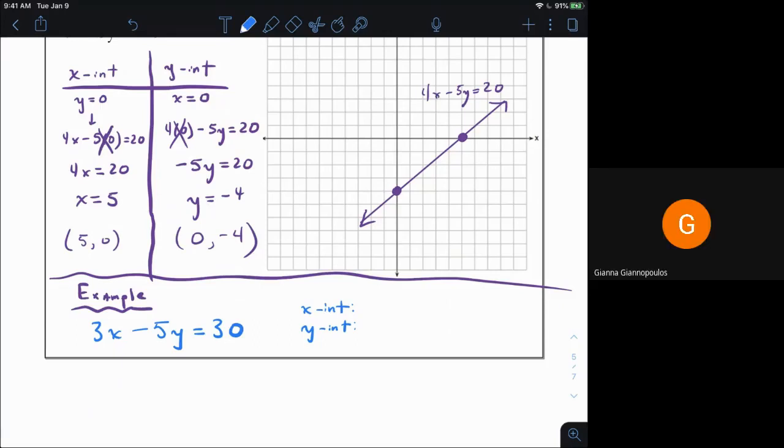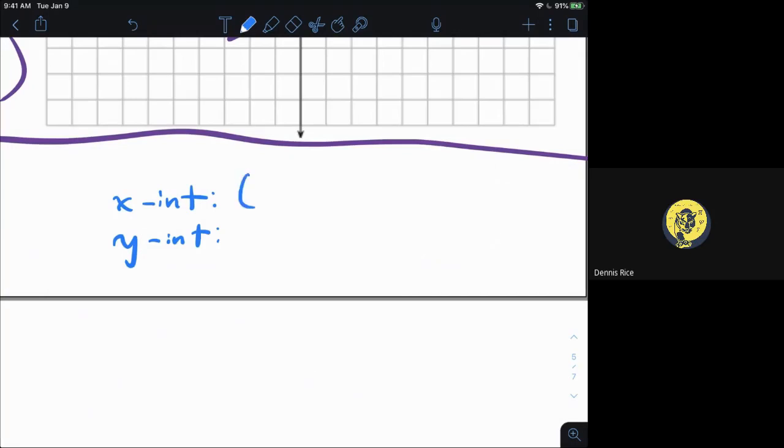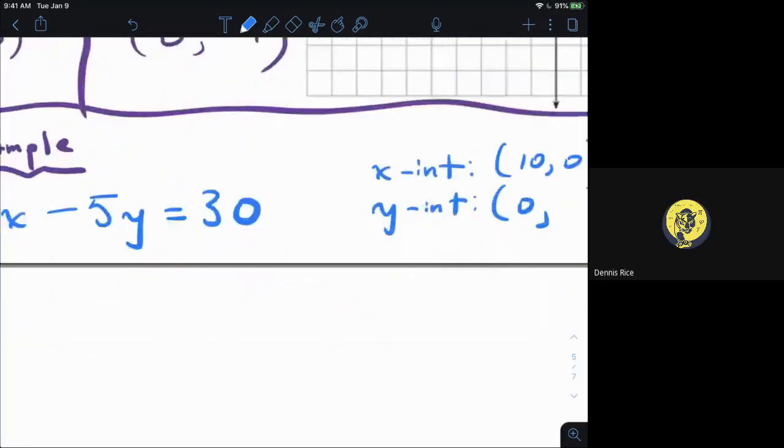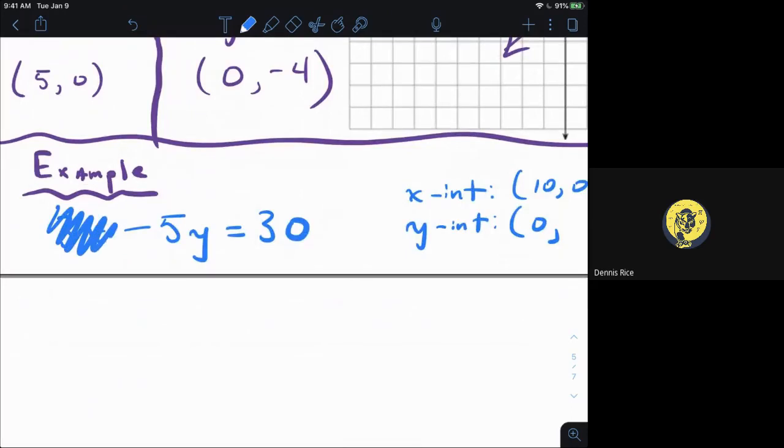Okay, so I got, for the x-intercept, I got 10, 0. Good. And then for y, I got 0, 6. One slight mistake. So pretend that x isn't there. This says negative 5y equals 30, right? So what would the solution to that be?